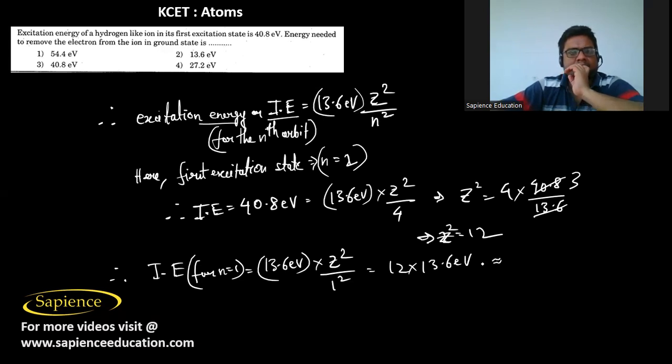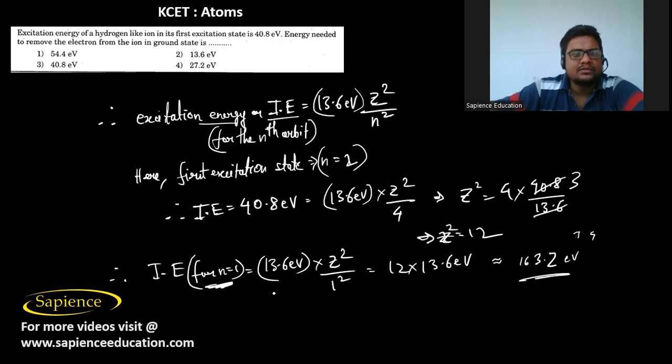Since ground state means n is equal to 1 only, it will be 163.2 electron volts. So it means none of the options are correct.